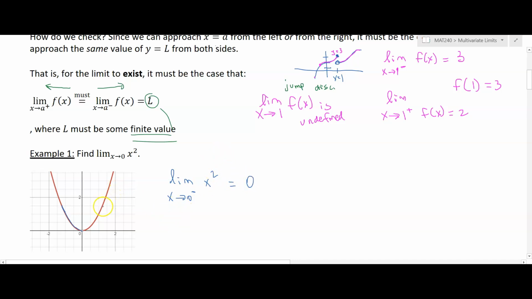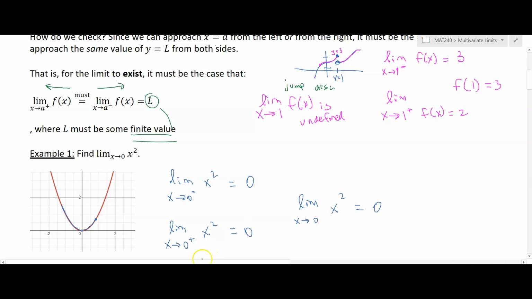Similarly, if I approach it from somewhere on the right, it doesn't matter if I start up here or down here, we're only focused on x equals 0. If I start here and move my way in, I also see that the limit as x approaches 0 from the right of x squared is equal to 0 as well. So this means that the limit exists, and because it's the same from the left and the right, I don't have to put the superscript here. I could just say that the limit is 0.